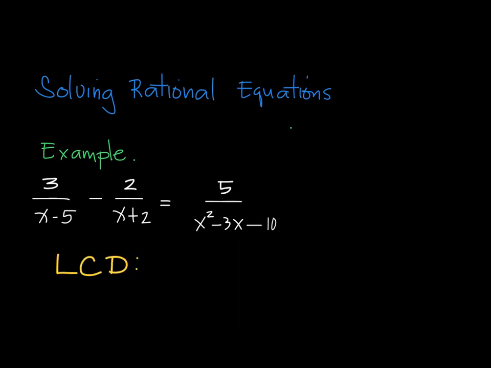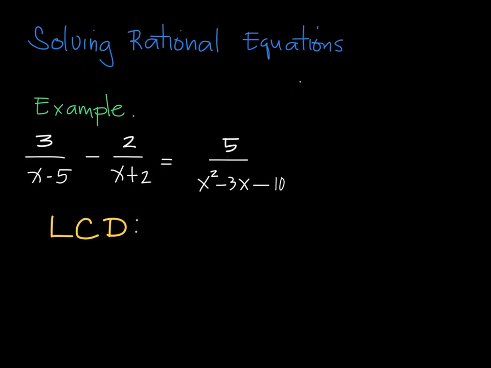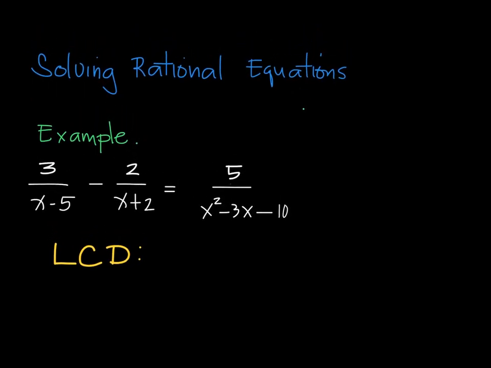To find the LCD of rational expressions, especially if you have an expression that can be factored, perform factoring first to see what expression is really needed for a specific rational equation.